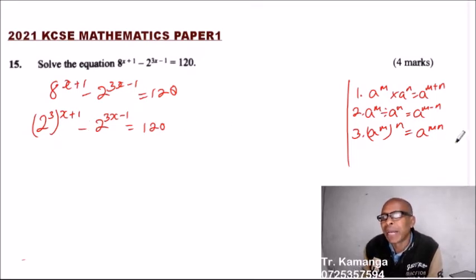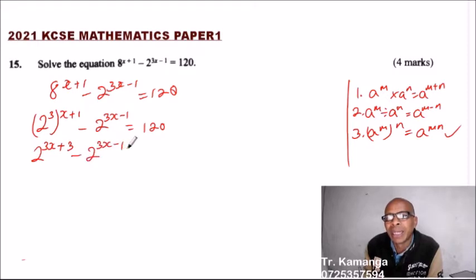Now we can apply the third rule of indices here. We open the bracket: 2 to the power 3 multiplied by x is 3x, 3 multiplied by 1 is 3, minus 2^(3x-1) is equal to 120.